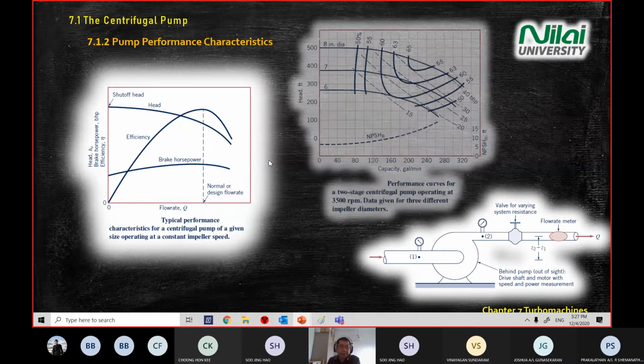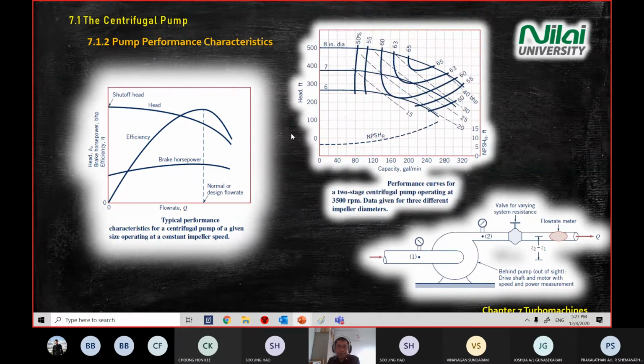Okay. Right. Now another curve you'll see is when your pump graph is a three-axis graph. The one on the left is head. Of course, this example is in imperial unit, feet. The bottom horizontal is capacity, in gallons per minute.